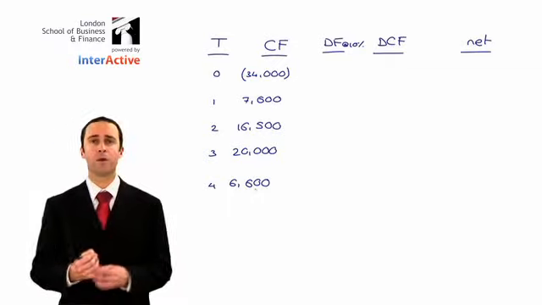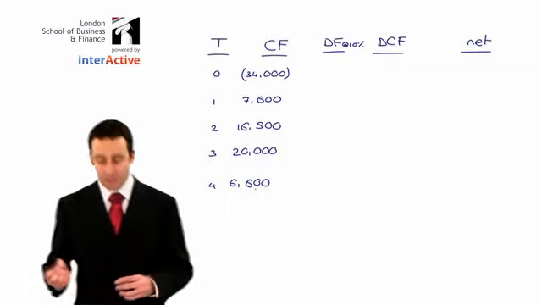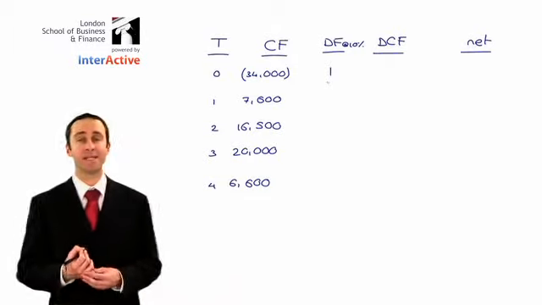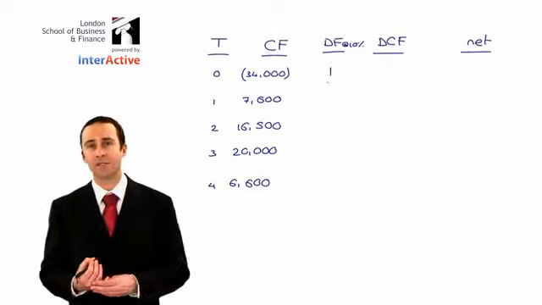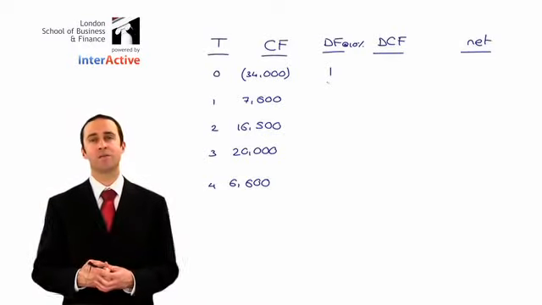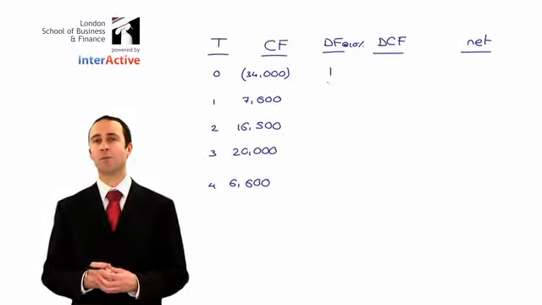And there we go. What you need to do now is start to work out what the discount factors are based on a discount rate of 10%. So I'll be generous. I'll give you the discount factor at T0 for 10%. That's going to be 1.